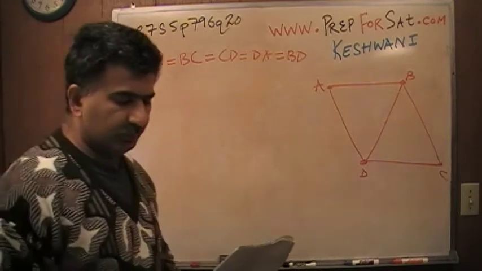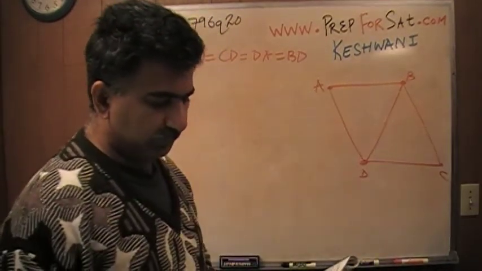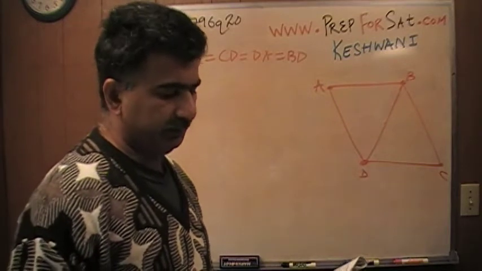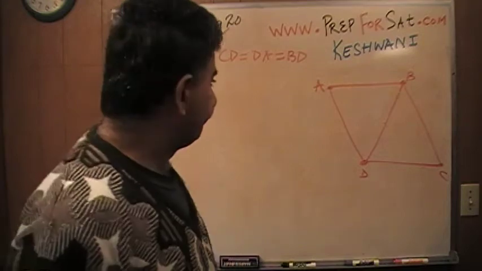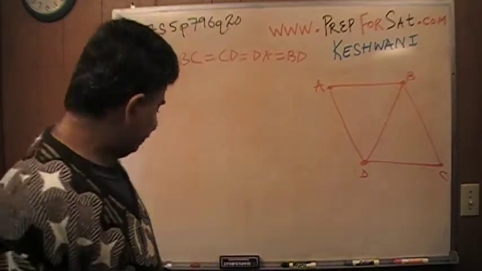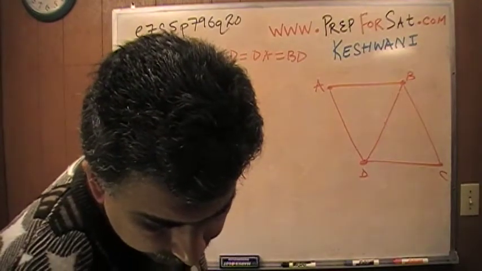The question simply is, what's the ratio of the length of AC to the length BD? Oh, alright then. They are basically looking for the ratio of the 2 diagonals.